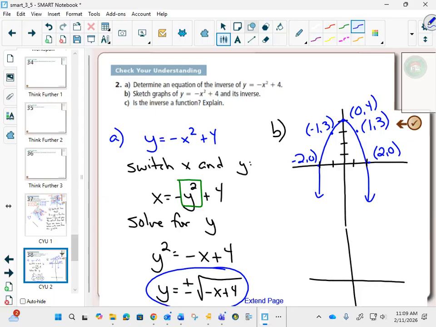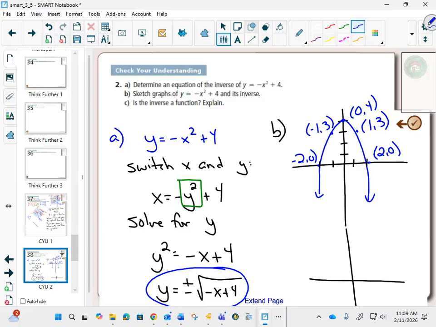So a lot of this year is how quickly can you draw a graph from what you've known from before. You could also use grade 11 and say, I know my vertex is at 0, 4, it's opening down, over 1, down 1, over 1, down 3. That's perfectly fine as well. But now I'm sort of getting into the habit of transformations. I thought of my regular parabola, the negative would flip it down, and then I shifted it up 4.